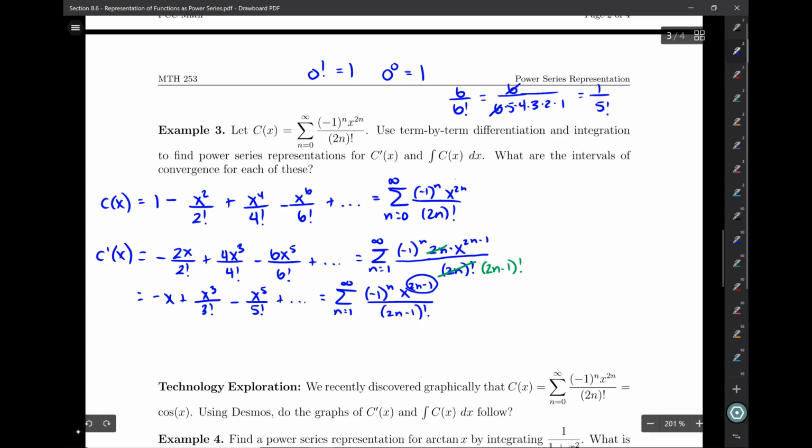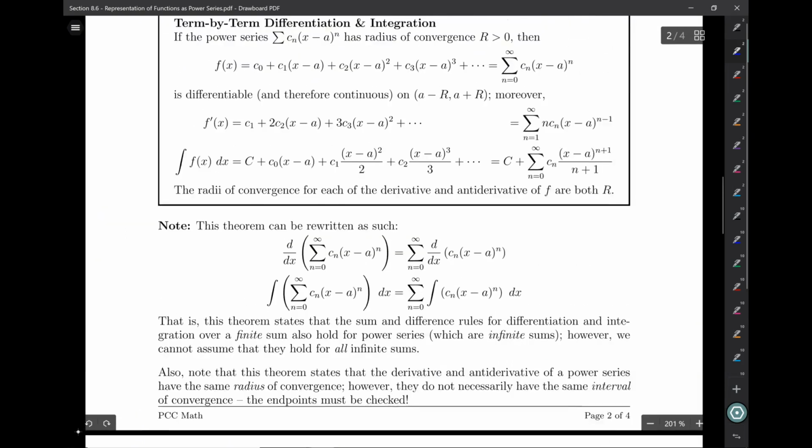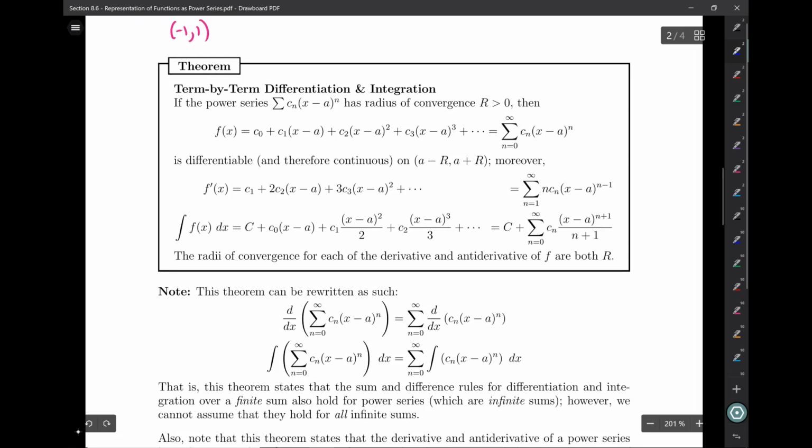So notice that this theorem, which I didn't point out initially because I felt like we didn't have any context for it yet, notice that when we have the power series representation for the original function f, and then the power series representation for the derivative, the index increases by 1. Now it's starting at 1 instead of starting at 0.